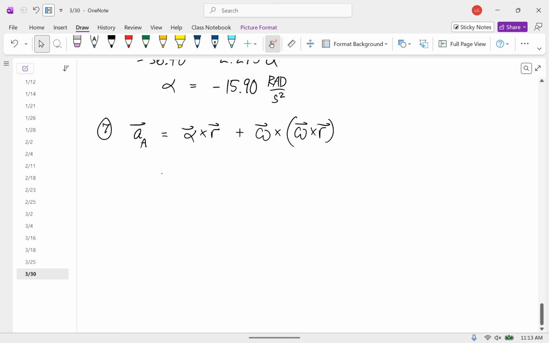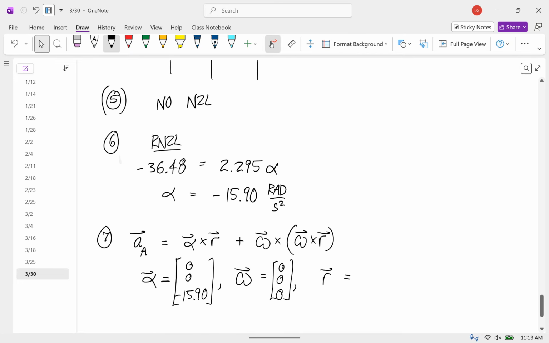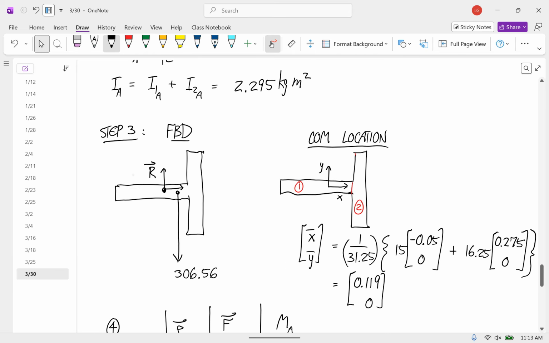Alpha as a vector is 0, 0, negative 15.90. Omega is 0. And last, R. Someone give me the definition of the R vector. From the center of the circular motion to the point of interest. Yes, exactly. Center of the circular motion to the point of interest.